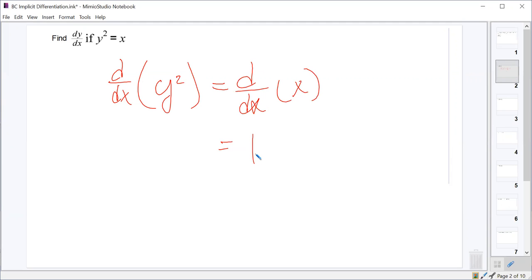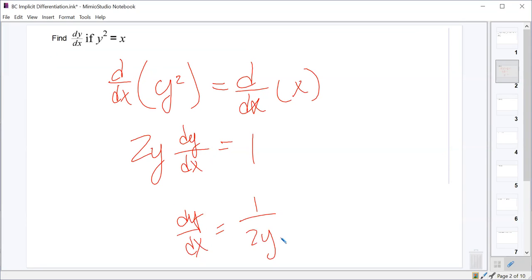One. Yeah, and the derivative of y squared with respect to x, we'll first take the derivative of y squared with respect to y, which is 2y, and multiply it by the derivative of y with respect to x, dy dx. We're looking for dy dx, so just divide by 2y. Easy enough?